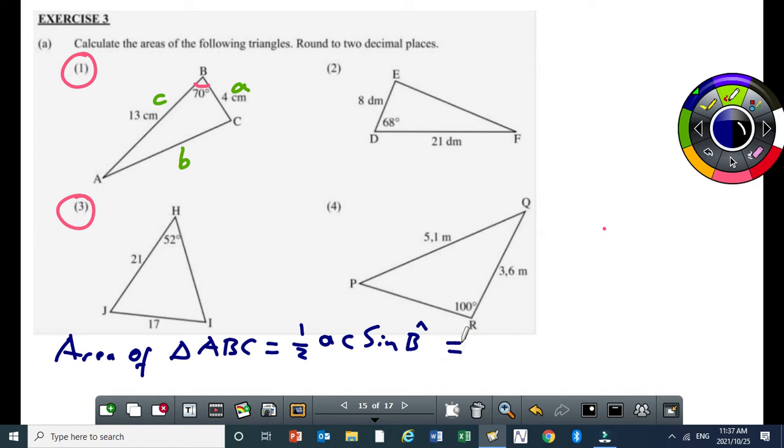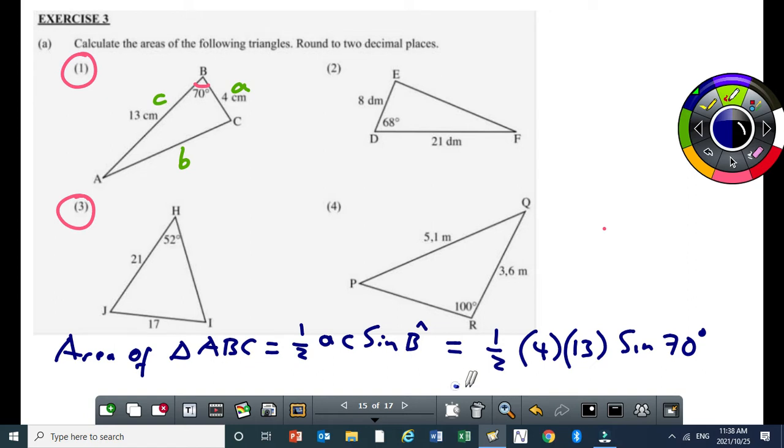So this will be equal to half times a, that's 4, times c, that's 30, times sine 70 degrees. So it will be half times 4 times 30 times sine 70 degrees.